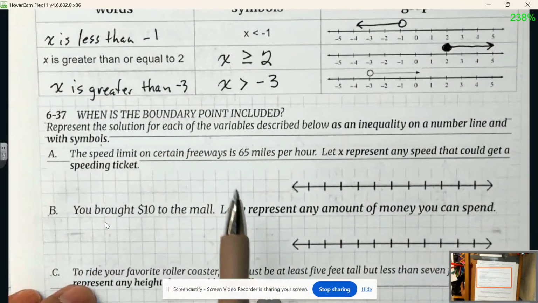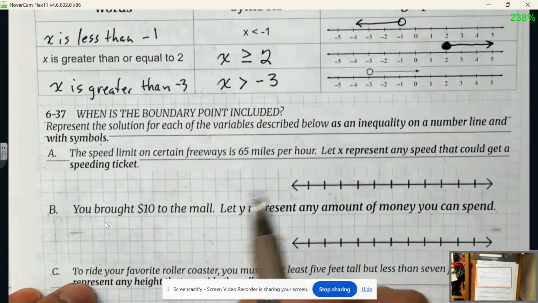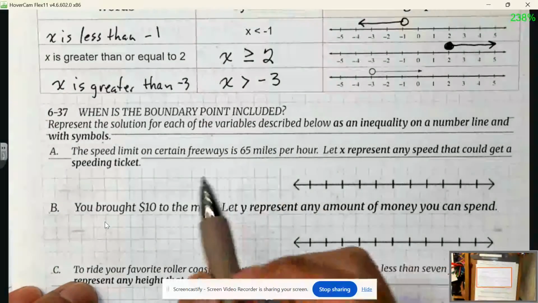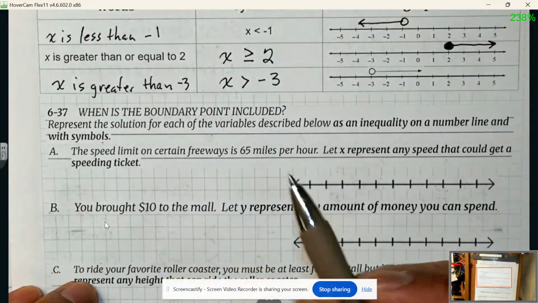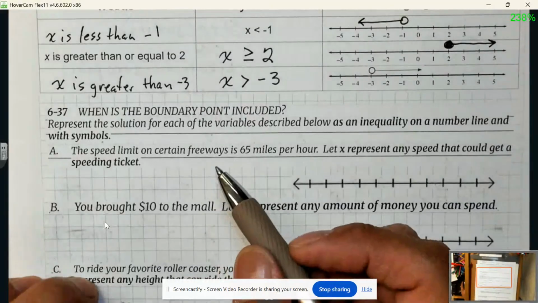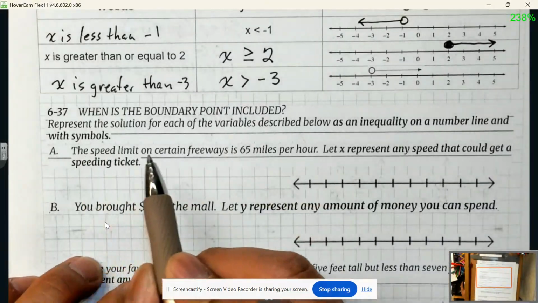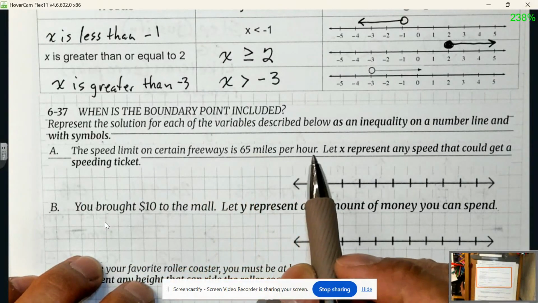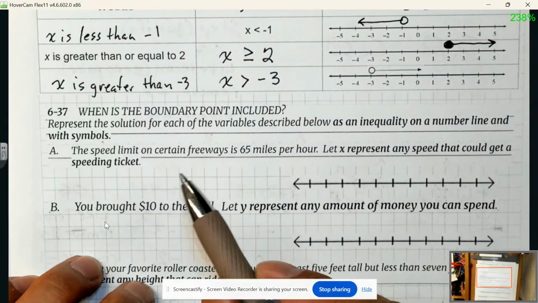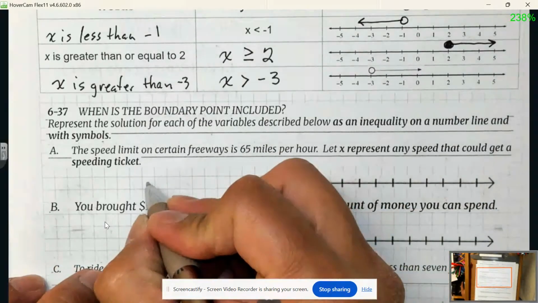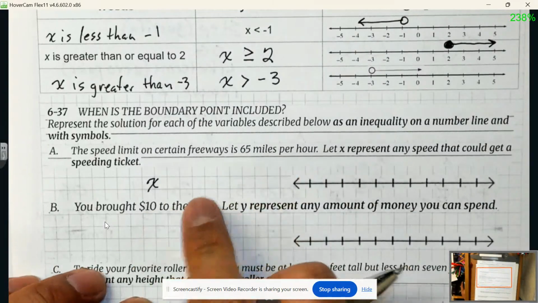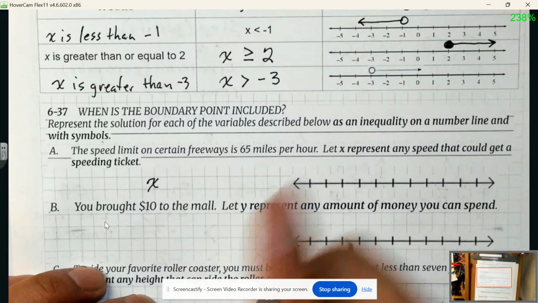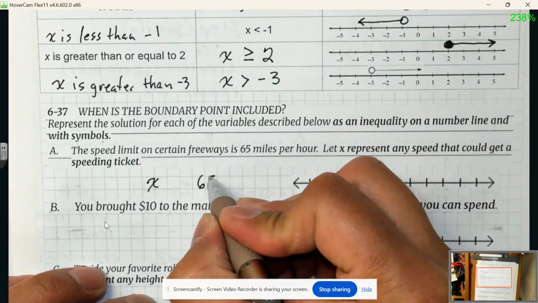So in this next part, we're going to be graphing and writing a symbol, an inequality, using x or m or l or y, whatever it calls for. So in the first one, a speed limit on a certain freeway is 65 miles per hour. So x equals any speed that can get a speeding ticket. So here's x. What would be our boundary point? Okay, so the boundary point is 65.